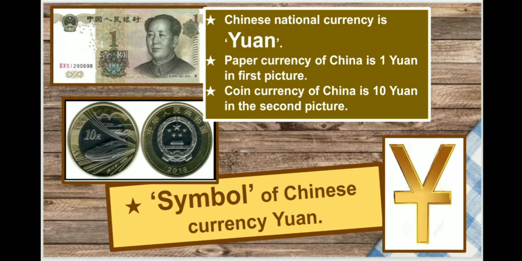This 1 yuan is the value of this paper currency of China. Then coin currency is also there, and value of this coin currency is 10 yuan. Then right side, one symbol is there, and this symbol is of Chinese currency yuan.